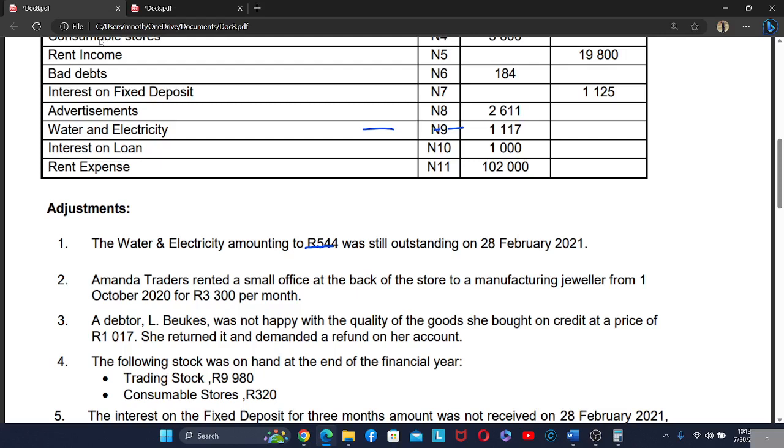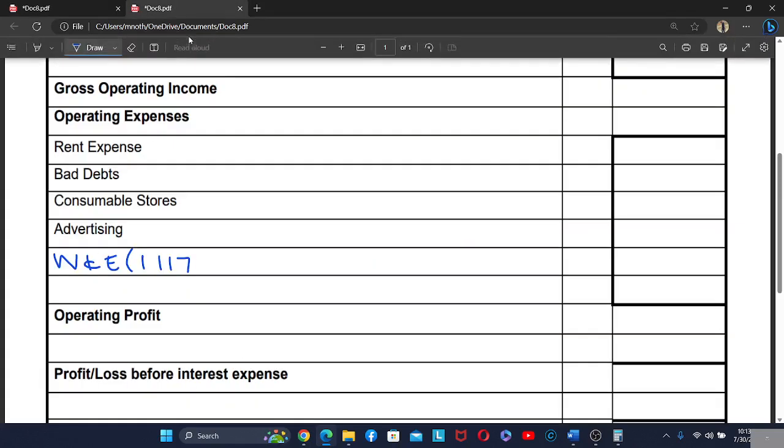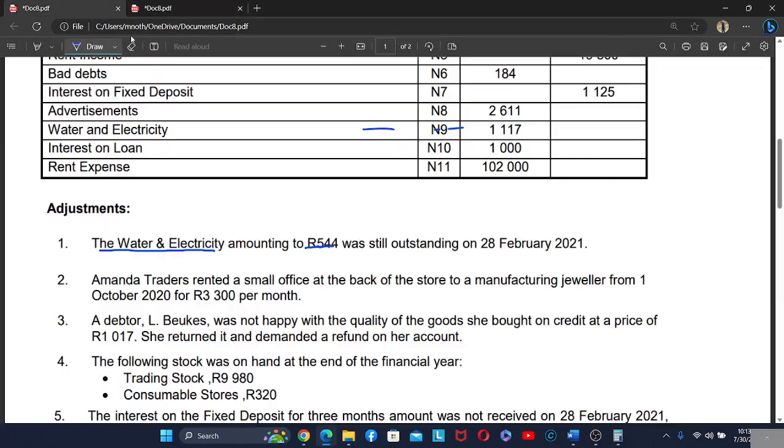Now, water and electricity is an expense, so that is why we are recording it here under operating expenses. It was still outstanding on 28 February 2021, which means that the expense is not yet paid.